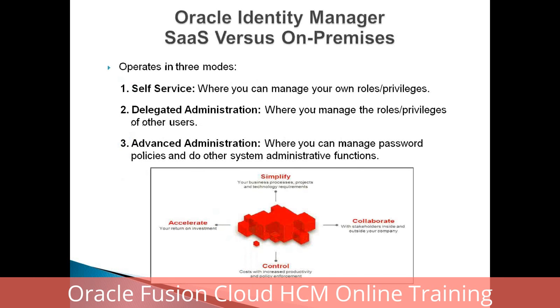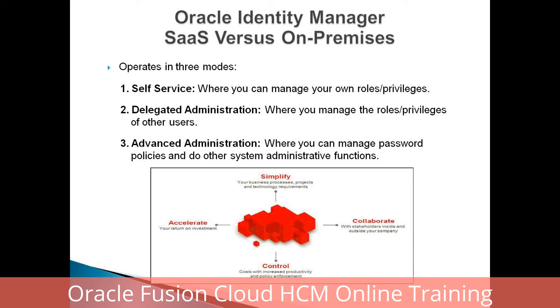Then the very important component used in the applications is the Oracle Identity Manager. So Oracle Identity Manager in the SaaS and how it works in on-premises. The OIM mainly deals with the security part of the Fusion applications, and the user credentials will be managed in the Oracle Identity Management.